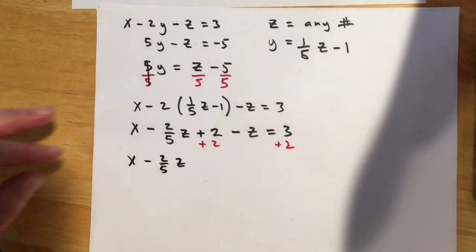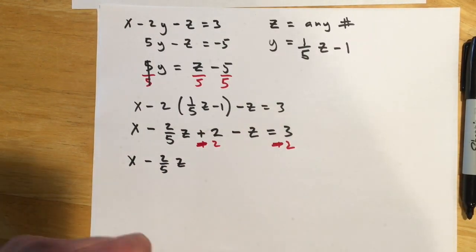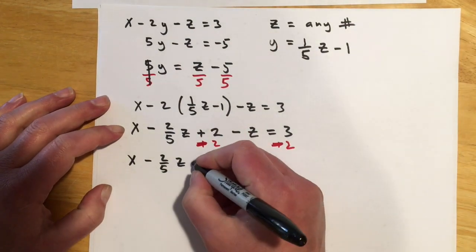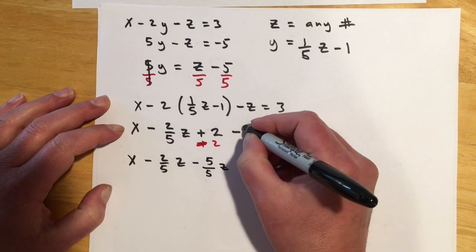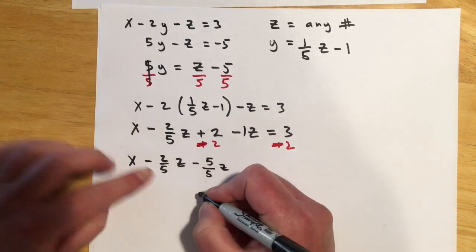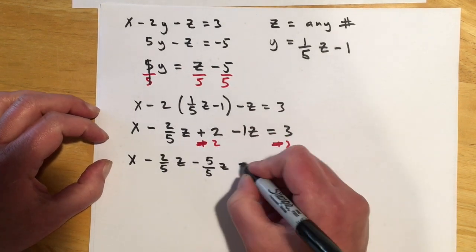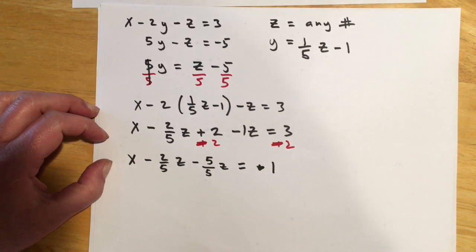Oops, sorry, there should be minuses. Apologies. And then minus z, I'm going to write that as minus 5/5 z. So instead of calling it 1, I'm writing it in terms of 5 since I have this, they'll make a common denominator. And then subtracting that 2 over is going to get me a positive 1 over here.